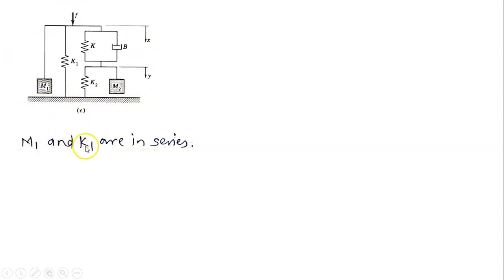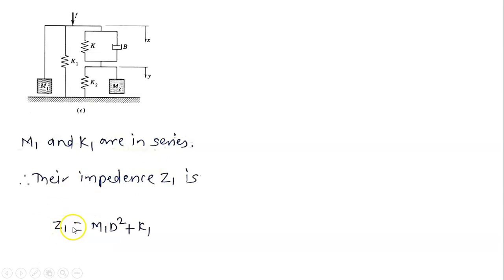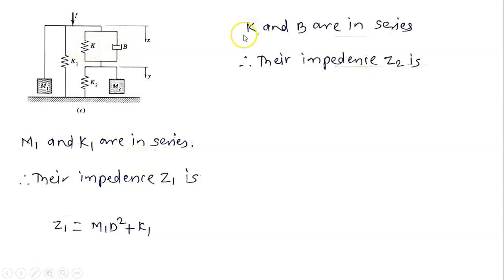Therefore, M1 and K1 are in series, so their impedance Z1 is equal to M1D square plus K1. Similarly, spring K and damper B are in series. Therefore, their impedance Z2 is equal to K plus BD.